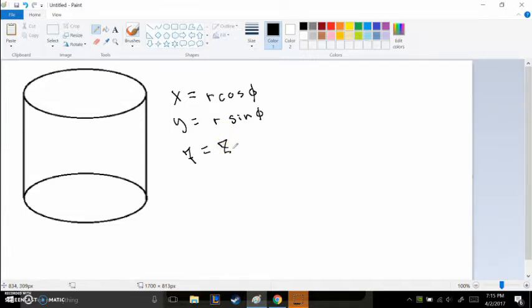Now in order to see what an infinitesimal change in volume would be, we're going to have to find the determinant of all of these. So we're going to have to take the derivative of all three of these with respect to all of the variables.